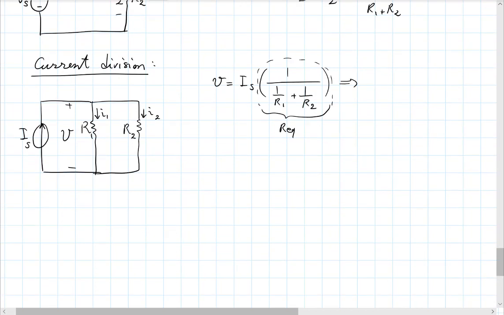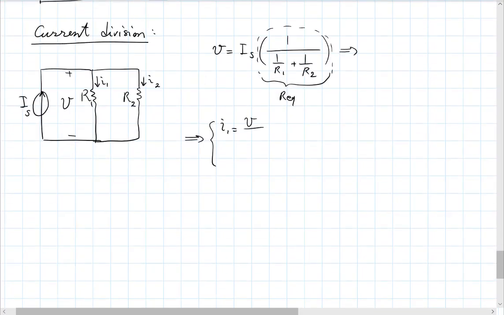Okay, so from there you get I1, which is V divided by R1, right? Which, if you do the manipulation, will give you, because that is just R1 R2 by R1 plus R2, if you divide it by R1, you're left with R2 times Is, and similarly for I2.